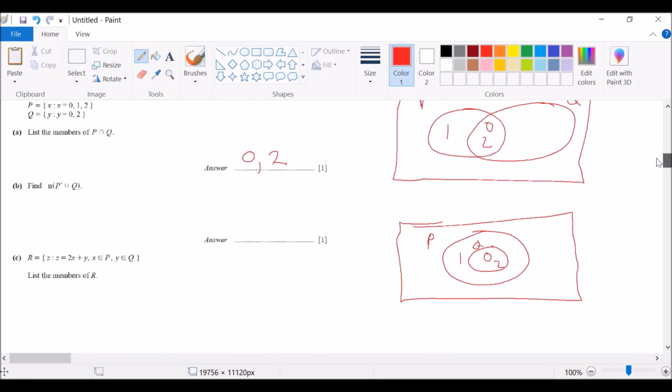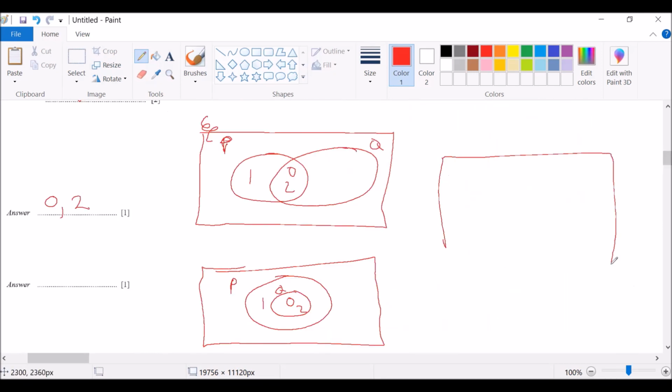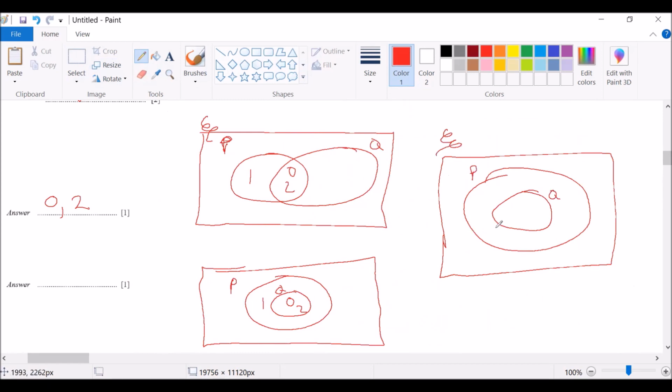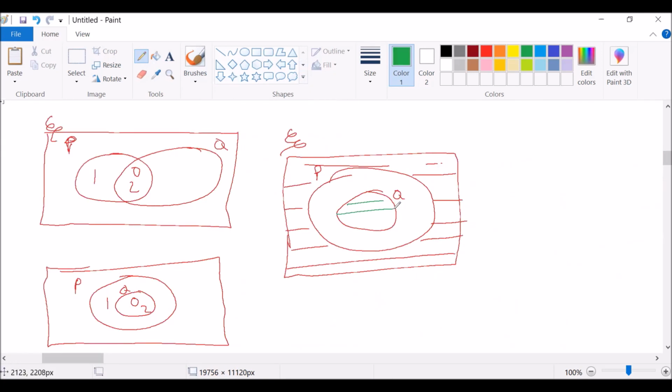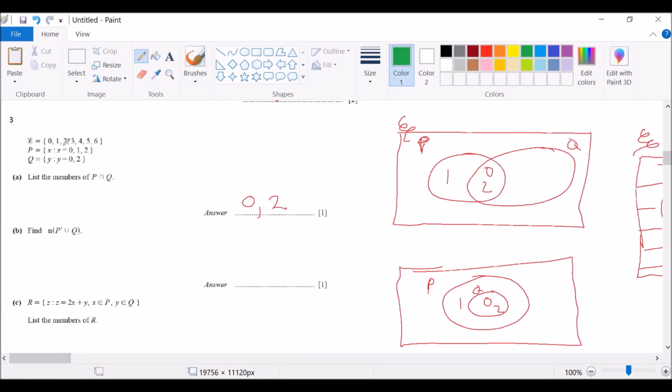Find the number of elements of P bar union Q. Let's see how we can shade our Venn diagram. P, Q. We're saying P bar, anything outside P, union Q. Q is there. If we combine the two, we have to bear in mind that the universal set includes 3, 4, 5, 6, out there.